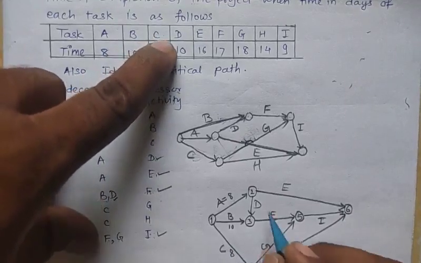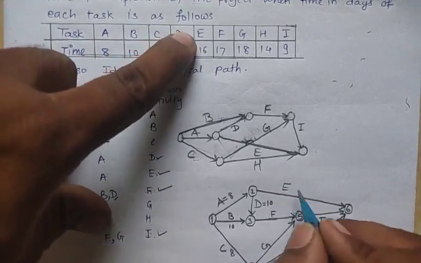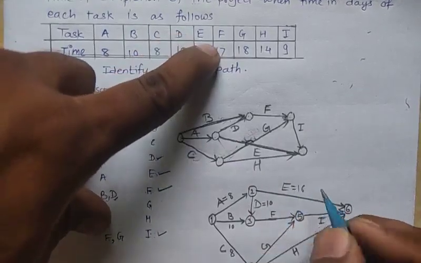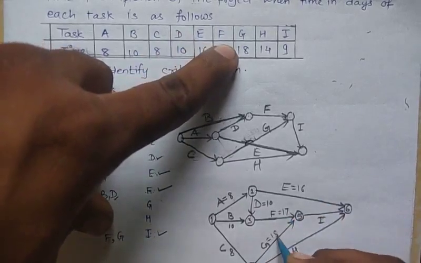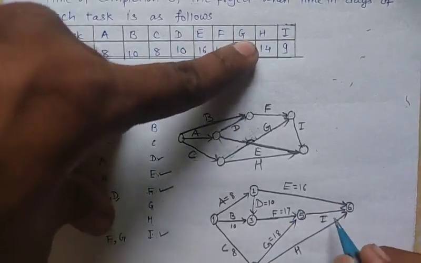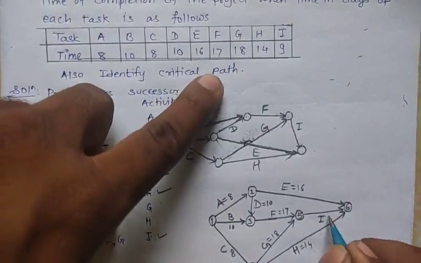For B it is 10. For C it is 8. For D it is 10. For E it is 16. F is 17. G has 18, H has 14 and I has 9.